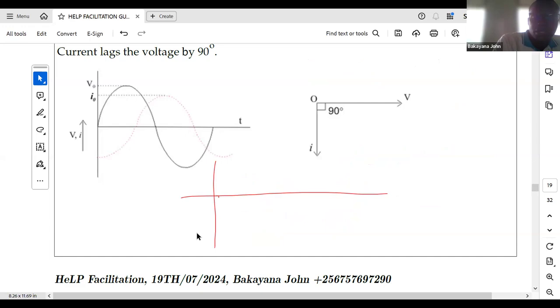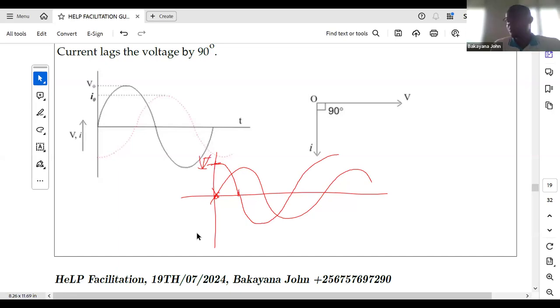Okay, so a sine curve will be like that, whereas a cos curve will always start from the maximum value and then drop like that. So meaning that at a time when the current is 0, voltage will already be maximum.